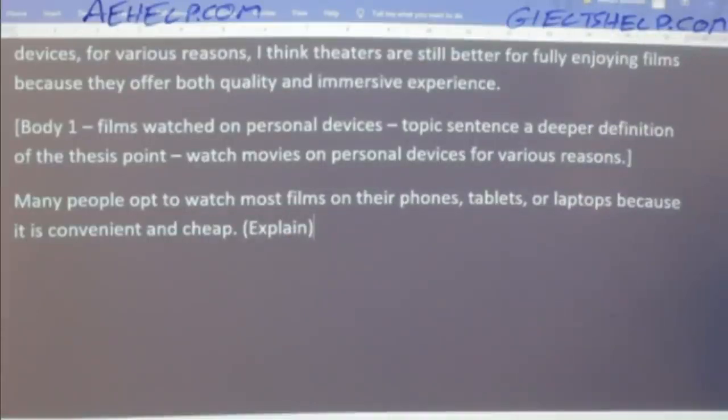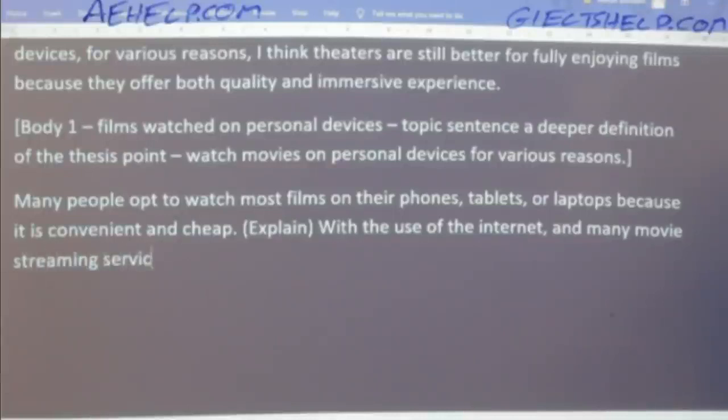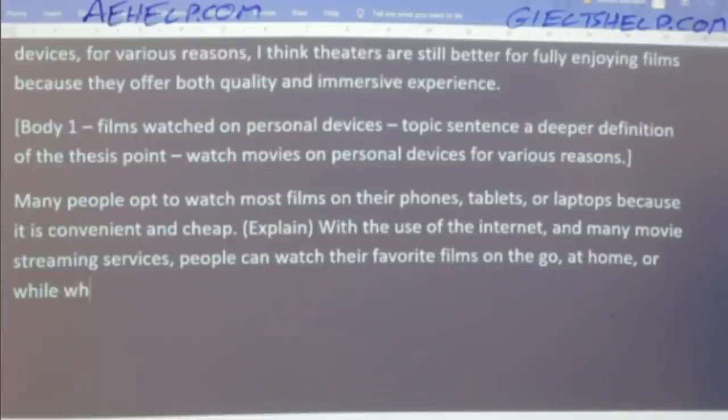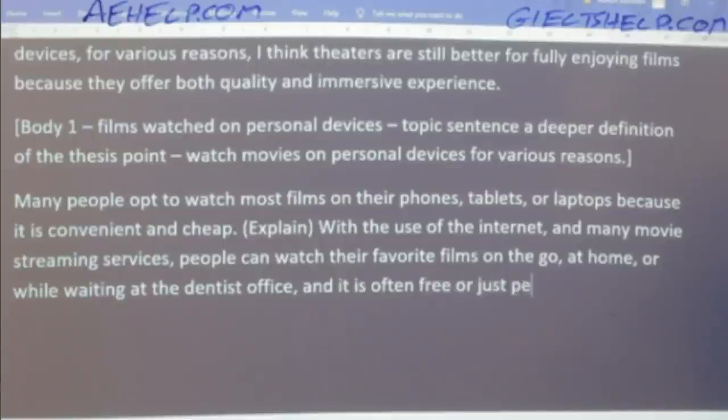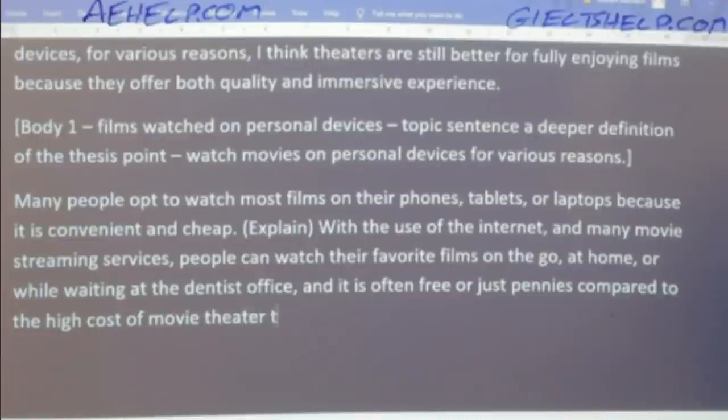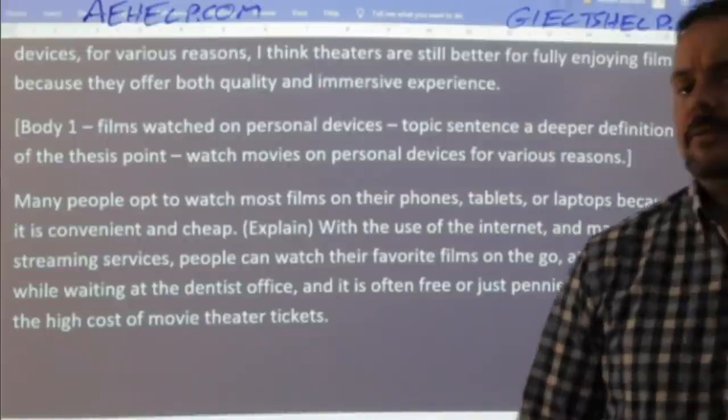Okay, so here I'm writing a little bit of a more complex sentence.